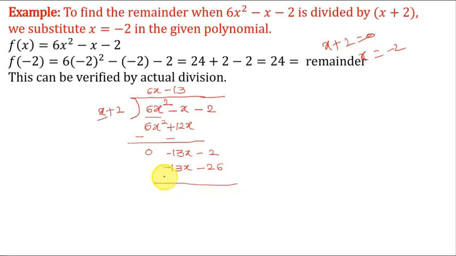Again change sign, here minus becomes plus and here minus 26 becomes plus. Plus 13x minus 13x, addition is 0, and plus 26 and minus 2, then you will get plus 24. Okay, and now this is the remainder. This is the remainder and these two are equal. Okay, and hence we have verified by actual division.